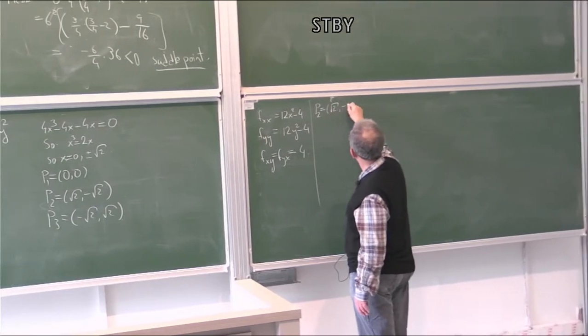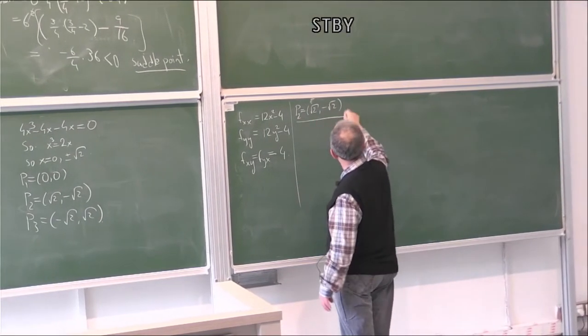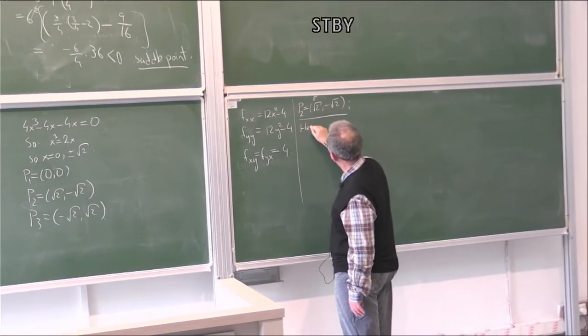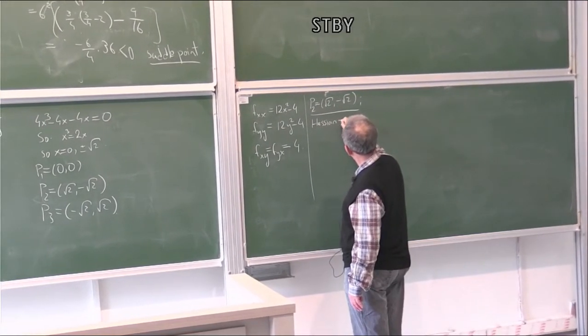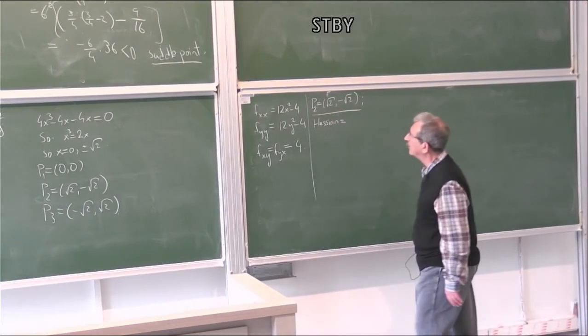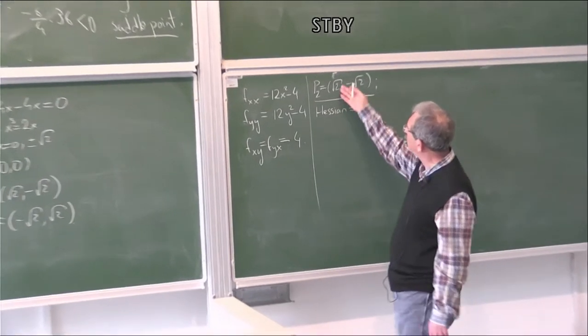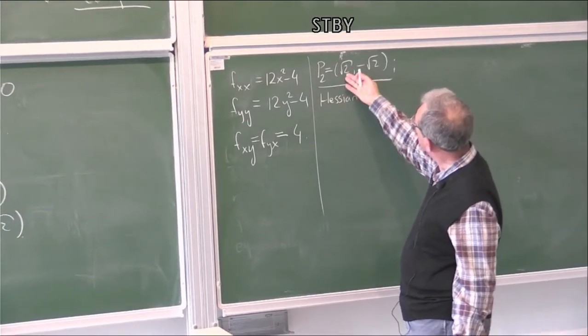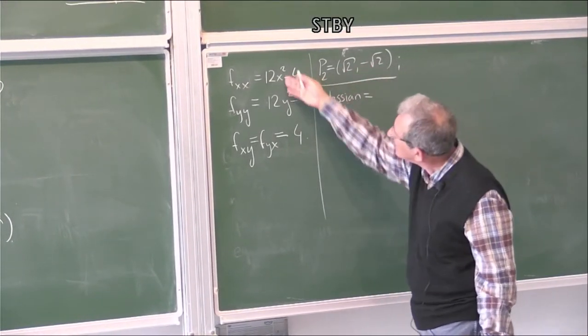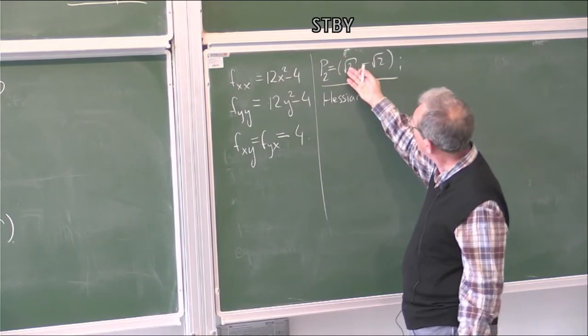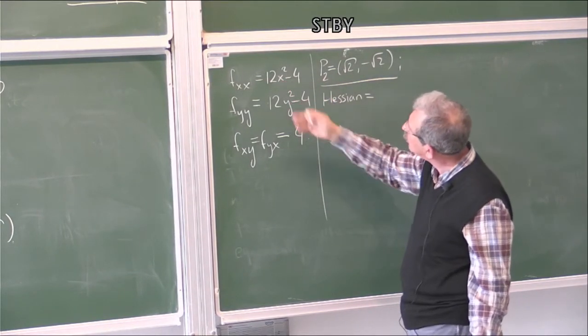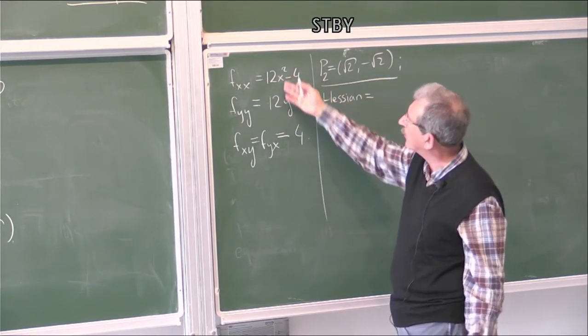This is root 2, minus root 2. The Hessian at P2, okay, that is, you plug in x and y equal to root 2 or minus root 2, but you square them. So x squared will be 2, y squared will be 2, which means both are 20s.